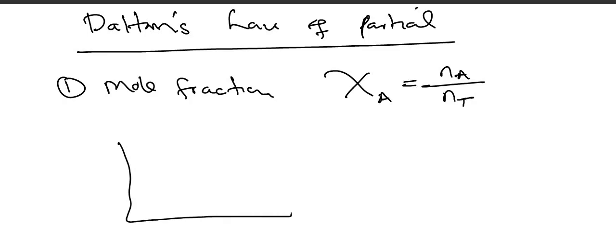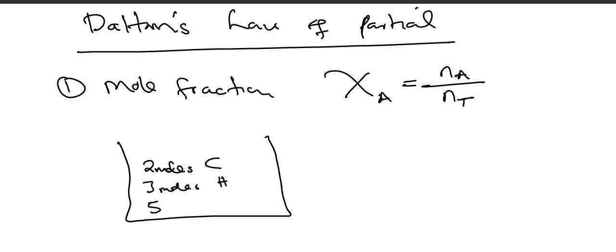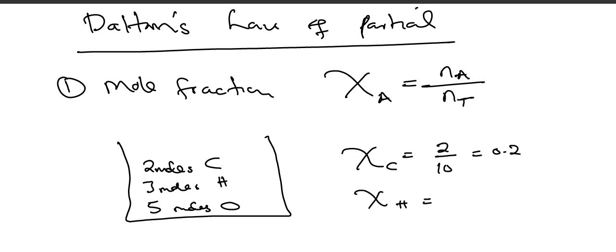So if you put 3 gases in a vessel like this, say 2 moles of carbon, 3 moles of hydrogen, then 5 moles of oxygen, and you are looking for the mole fraction of carbon, it is just the number of moles of carbon divided by the total number of moles. This will be 0.2. You can get the mole fraction of every single gas in a vessel. Hydrogen will be 0.3, then the mole fraction of oxygen will simply be 0.5.